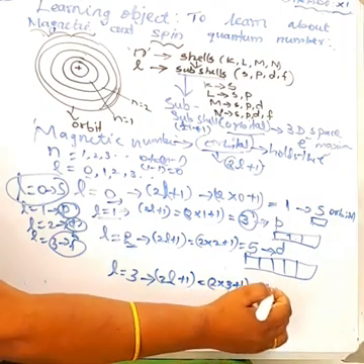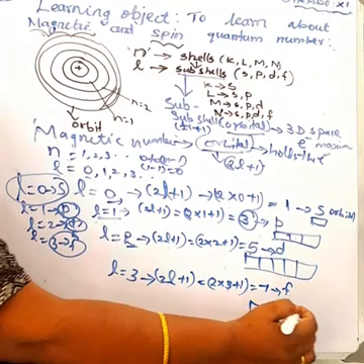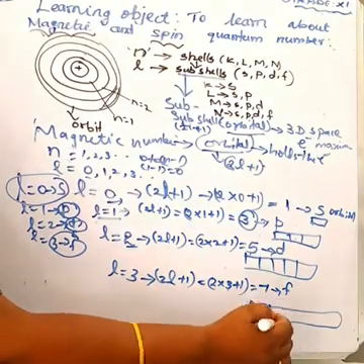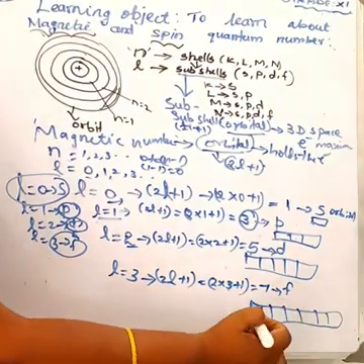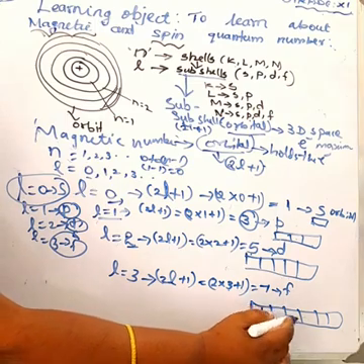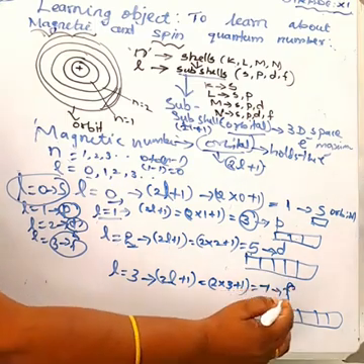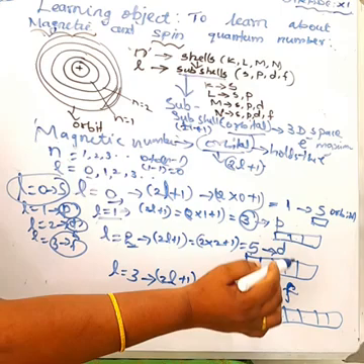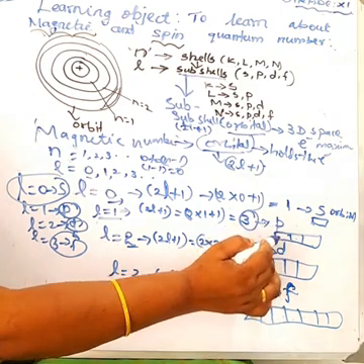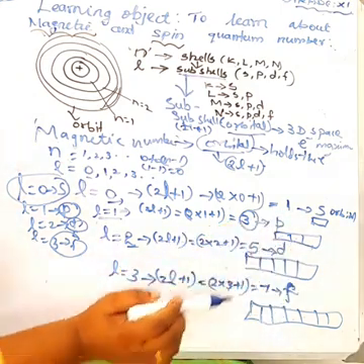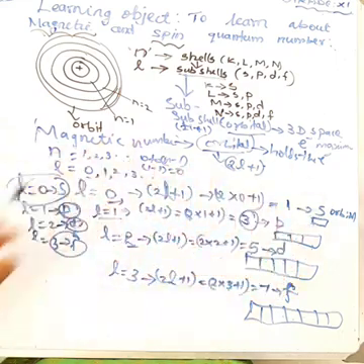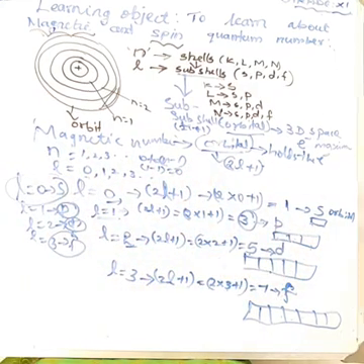In the F subshell, we call this the F orbital. S orbital, how many? 1. F orbital, 7. D orbital, 5. P orbital, 3. S orbital, only 1. Understood clearly?